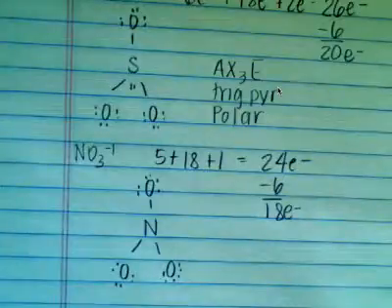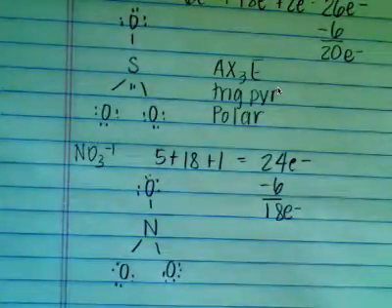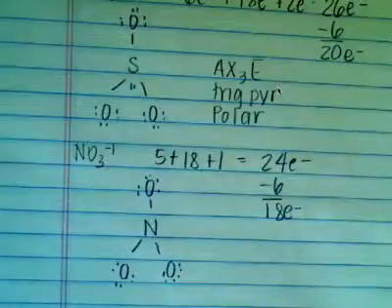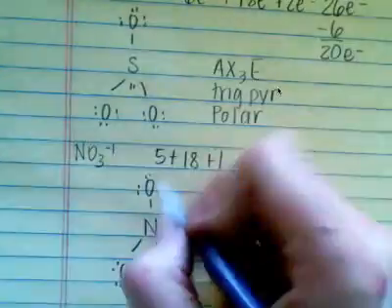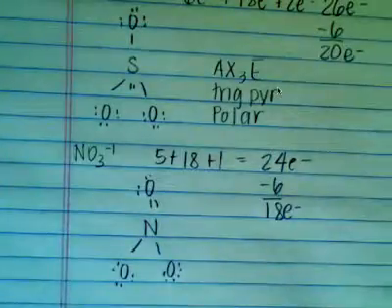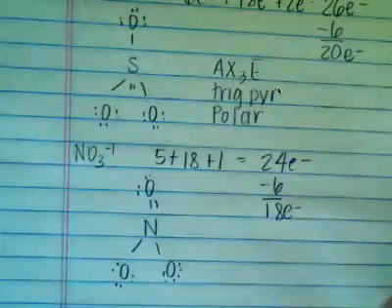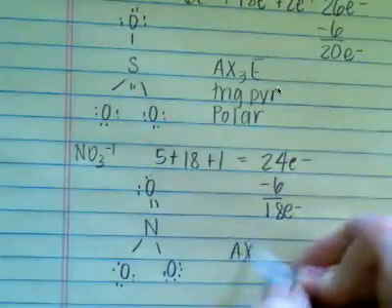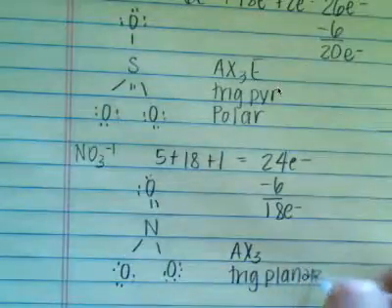Are you sure? Oh. I hate those. So nitrogen needs 8, right? It's not an exception. So I need to scoot 2. Okay? So now all oxygens have 8. This is a rotating double bond. Obviously, it's not even going to ask for that. Okay? AX3, trigonal planar, nonpolar.